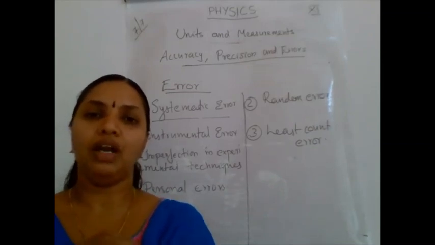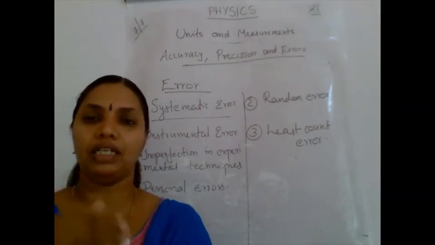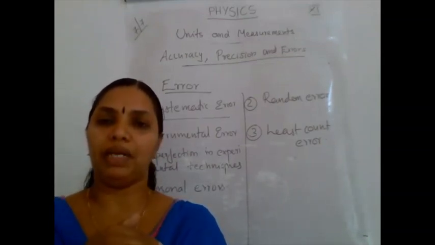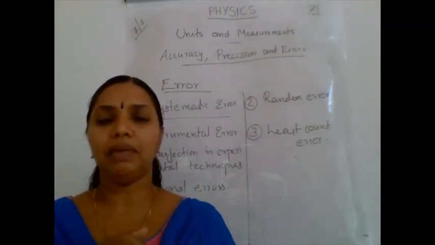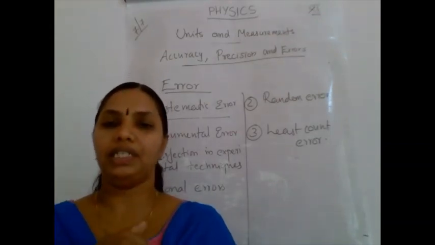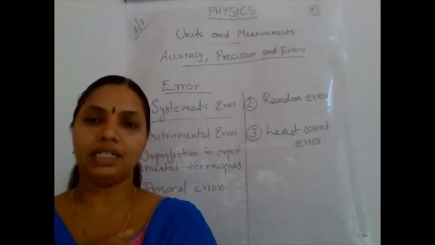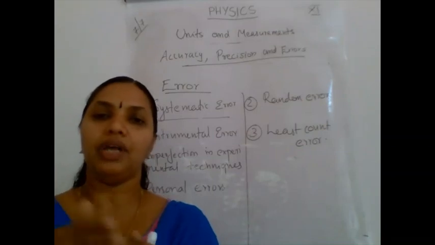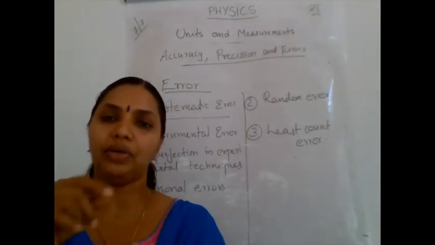So for example, in the mirror experiment, we know u is the object distance, the distance between the object and the mirror, isn't it? So instead of measuring this distance from the object to the mirror, we measure the distance between the object and the screen, and mark it under u.